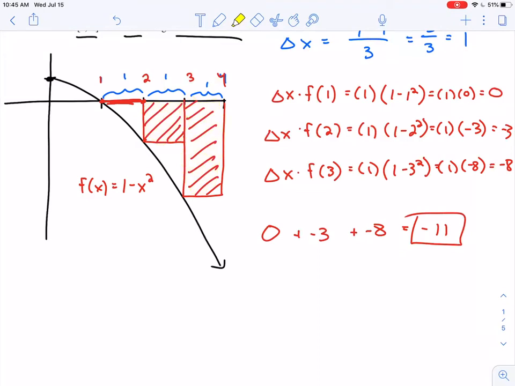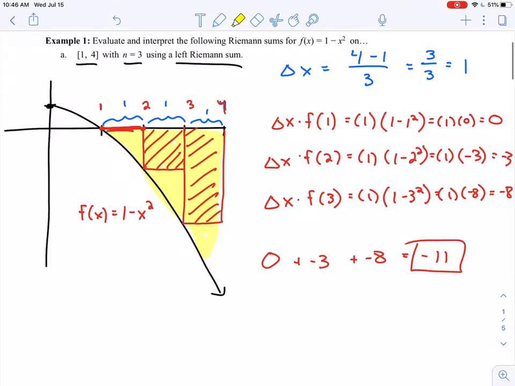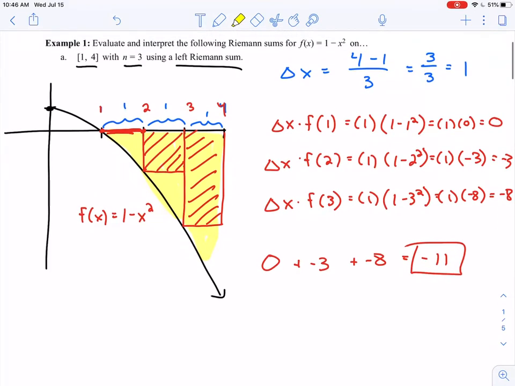And if you look at the region that I'm trying to estimate here, I'm going to shade in the whole region that I'm trying to estimate. I'm trying to estimate this yellow shaded region. That yellow shaded region falls below the x-axis. So this is something that will happen with Riemann sums if we have a negative Riemann sum.